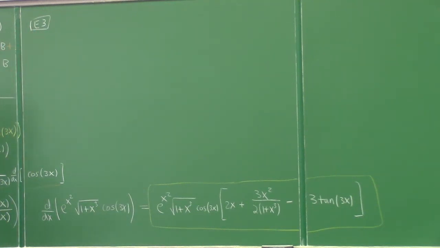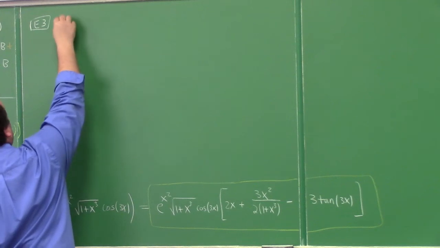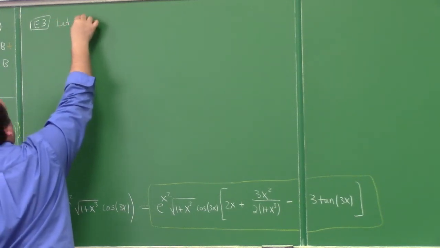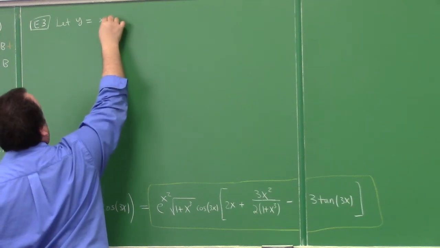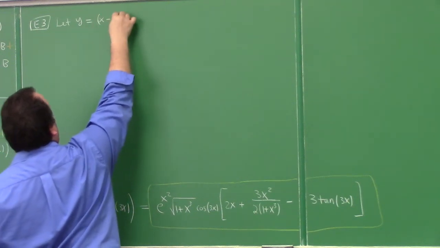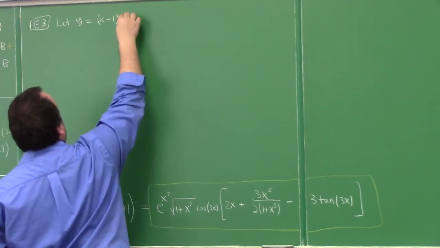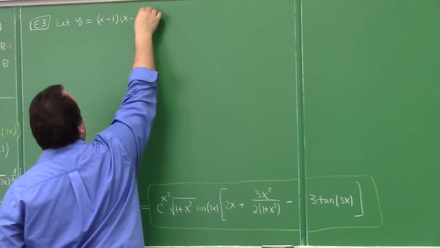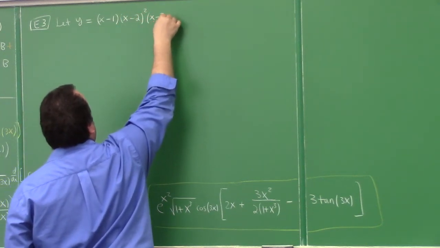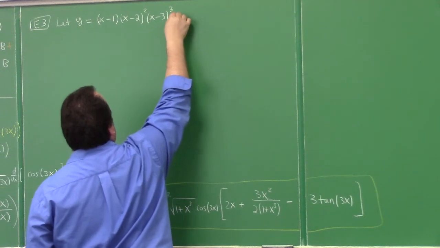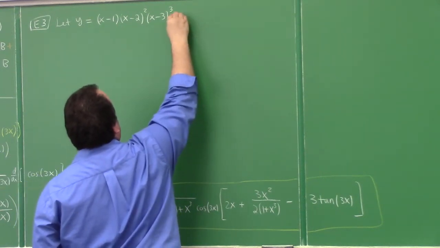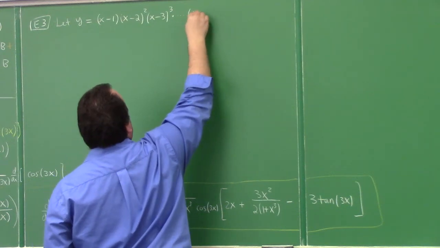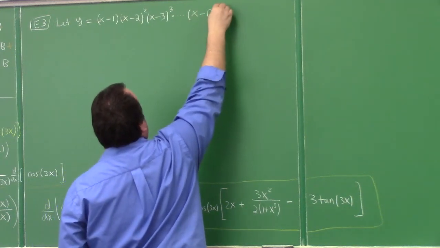Let's use logarithmic differentiation to calculate, let y equal to x minus 1 times x minus 2 squared times x minus 3 cubed, and so on, times x minus n to the n power.